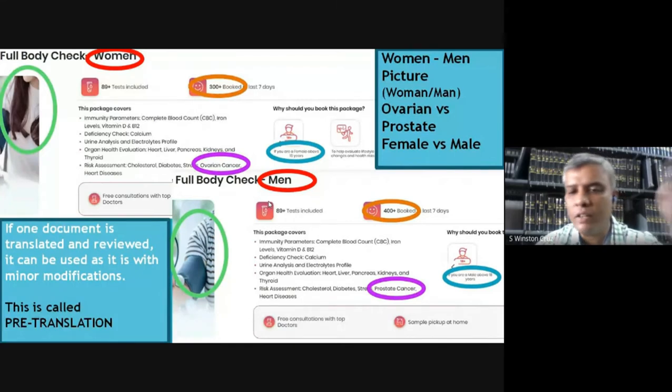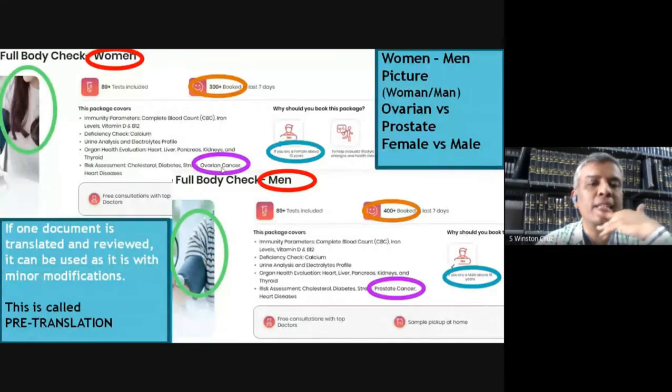Another thing is male and female: if you are a female above 18 years, if you're a male above 18 years. One major difference between these two, for the women, you see this last bulleted point: risk assessment, cholesterol, diabetes, stress, ovarian cancer for women.